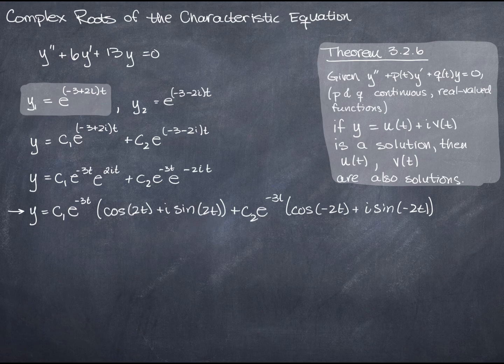So what I'm essentially saying is that without having to go through all the algebra again, I can write y1 as e to the negative 3t times the cosine of 2t plus i times the sine of 2t. And I've left off the c1 here because I'm just working with y1. I'm just transforming the way that I write the exponent here.